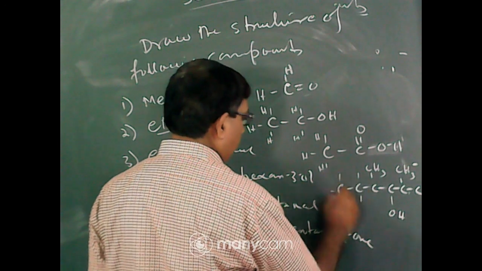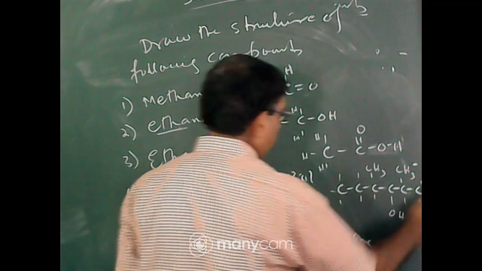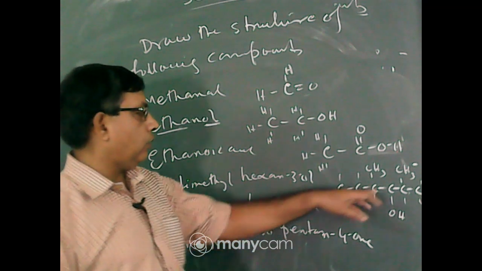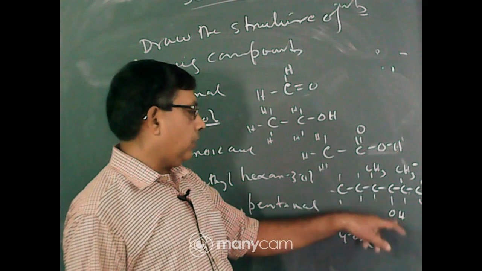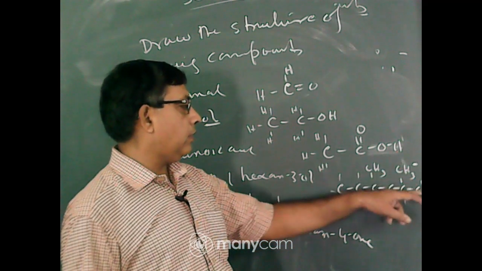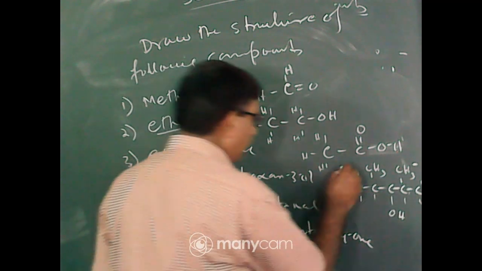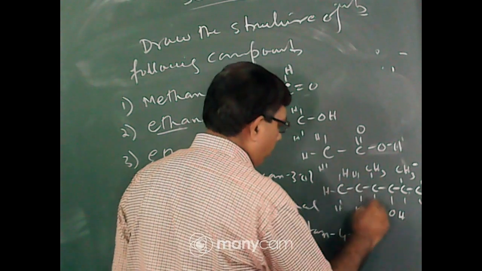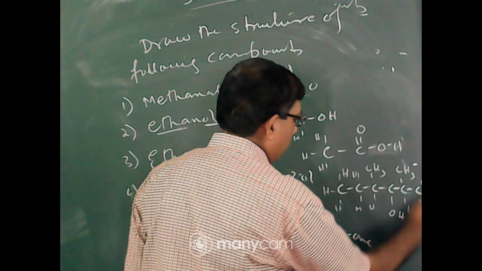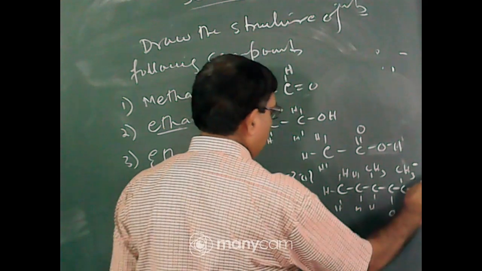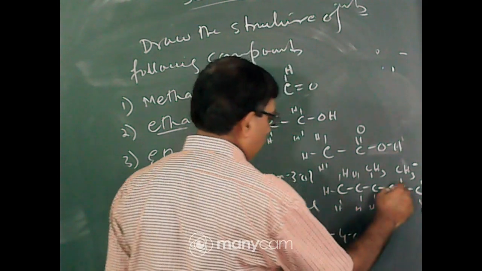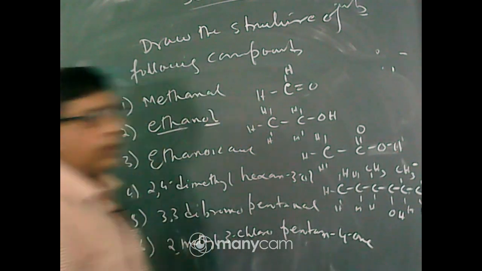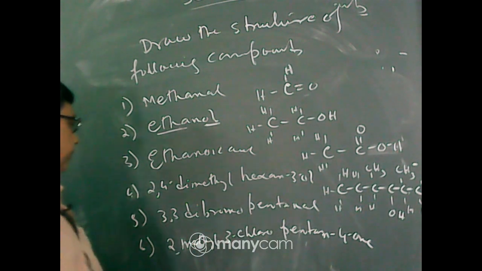Now fill the remaining with hydrogen so that each carbon has valency 4. So CH3, CH, CH3, CH, COH, CH, CH3, CH3. Fill this up with hydrogen so that each carbon attains valency 4. So this will be 2,4-dimethylhexan-3-ol, with the OH on carbon 3, methyl on 2 and methyl on 4.